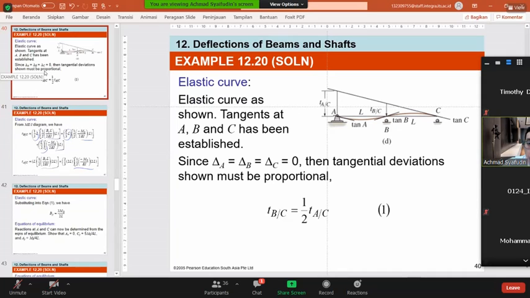The deviation at B equals the deviation at A from C. So this is the basic equation.